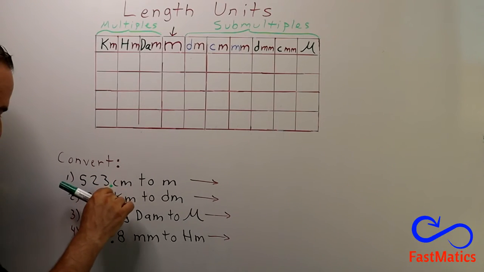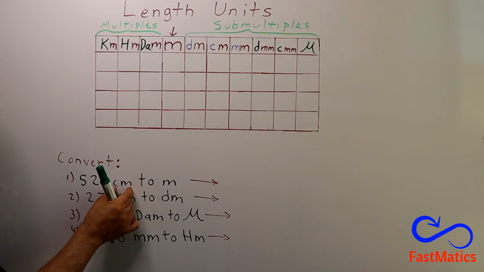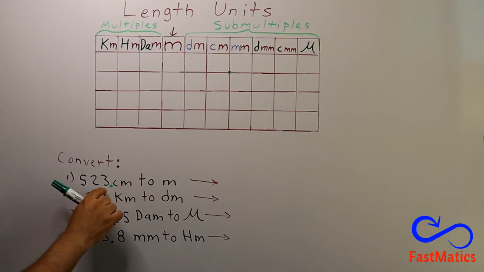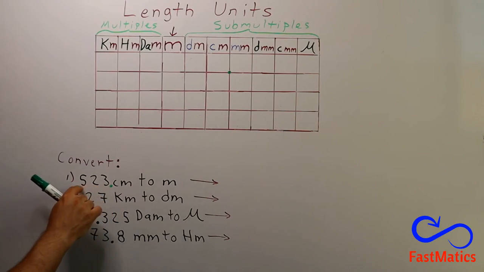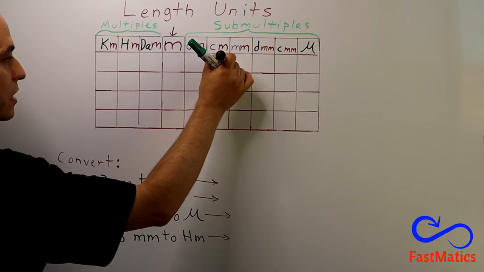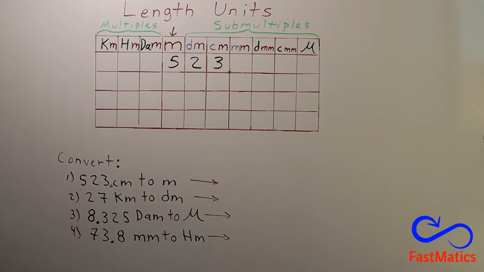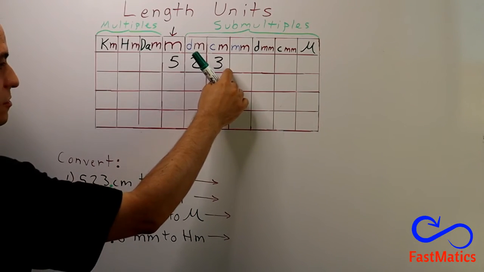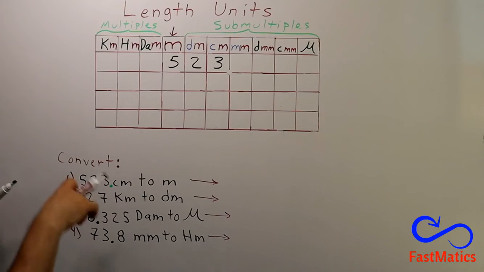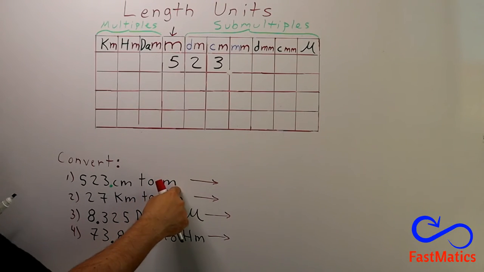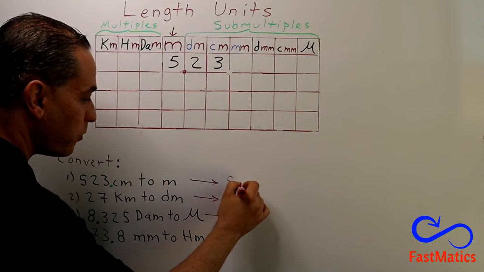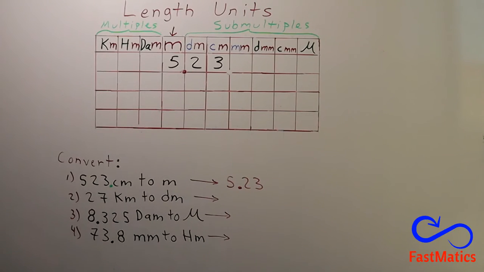So, you find the abbreviation here, centimeters, and at the end of the centimeters you put the decimal point, and here you see that you have to the left 5 and 2, so you write 5 and 2, and 3. And now you want to get meters, so you erase the decimal point and you put it where the meter abbreviation ends. Here. So that is 5.23 meters.